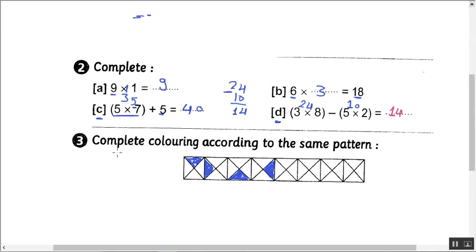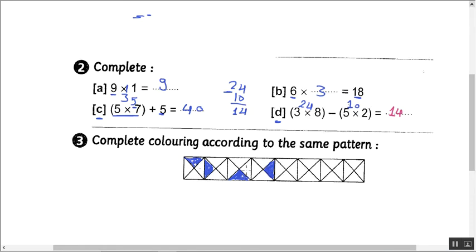Here question number 3, he said complete coloring according to the same pattern. Here we have a square, and inside it 4 triangles, 1 2 3 4. Here he colored up here like this, and here next, and here also he colored this triangle, and here also he colored this triangle.